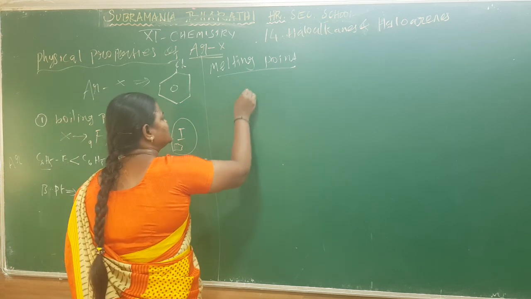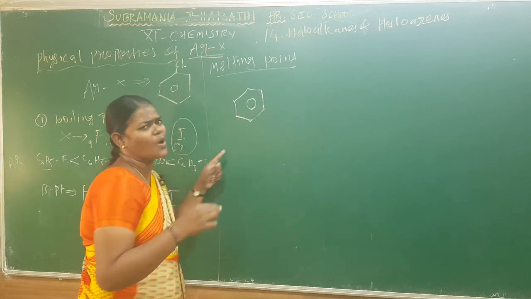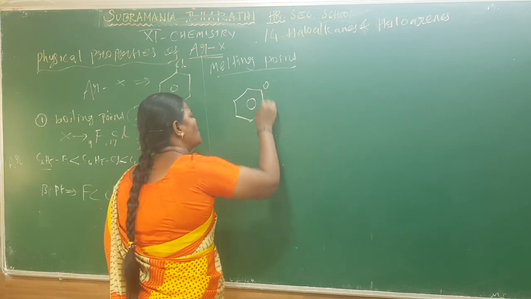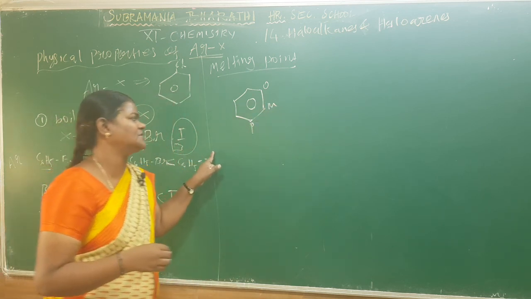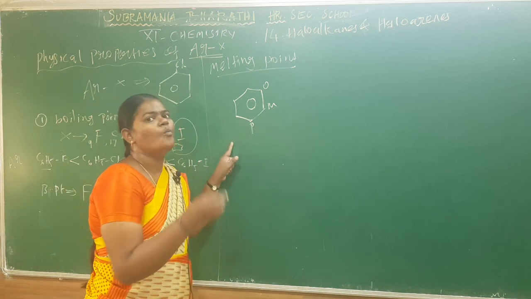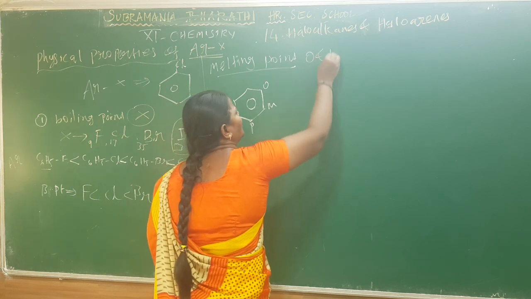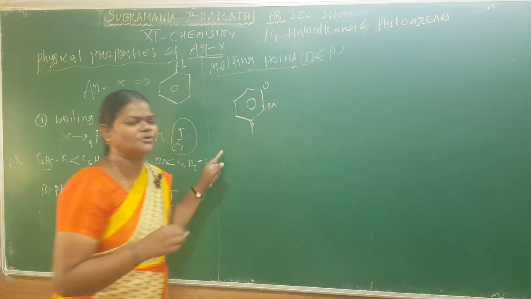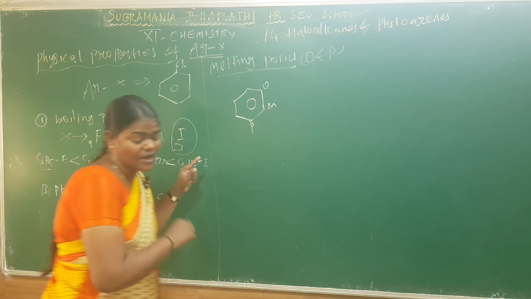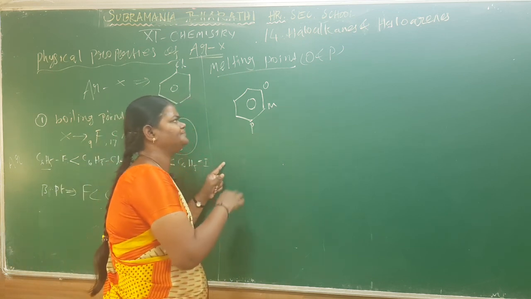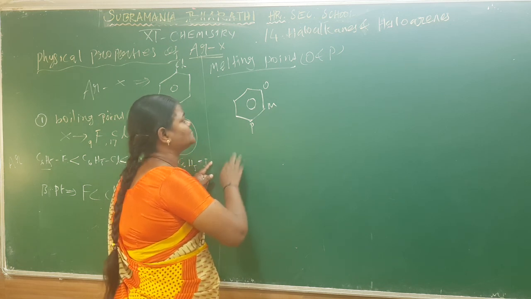This is our benzene ring, with delocalized pi-electrons. These are the ortho, meta and para positions. Mostly the substituent positions possible are ortho and para. So for disubstituted haloarenes, let us see which has the higher melting point.